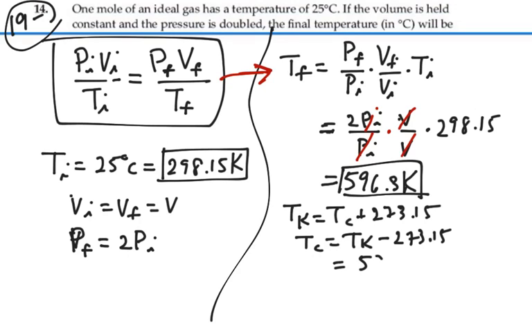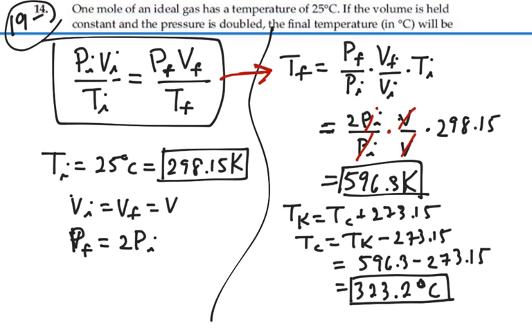That's going to be 596.3 minus 273.15, and that equals 323.15 degrees Celsius. So that is our final temperature in degrees Celsius when the pressure is doubled but the volume is held constant. 323.2 degrees Celsius.